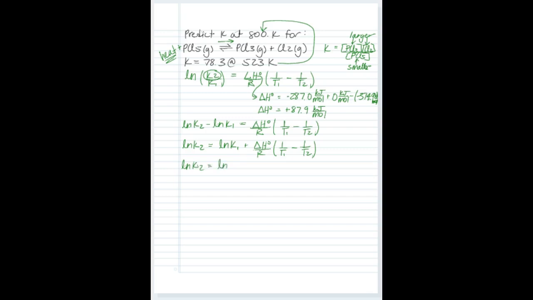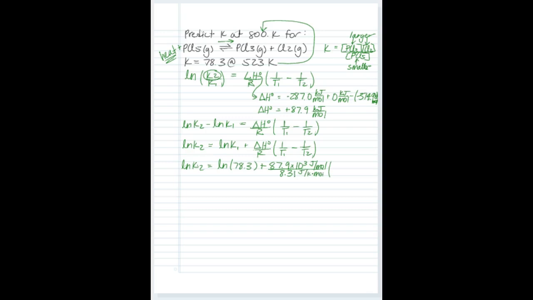So this is natural log of 78.3 plus our calculated value of delta H, which was 87.9, and this needs to be in joules because R has joules in the units. So I'm going to add my times 10 to the third to make it into joules from kilojoules. Over R, which is 8.31 joules per Kelvin mole.